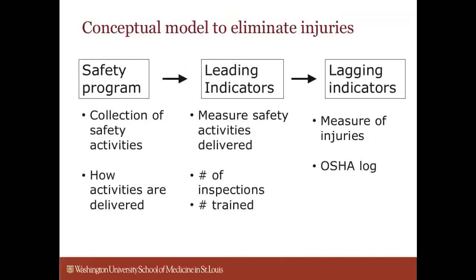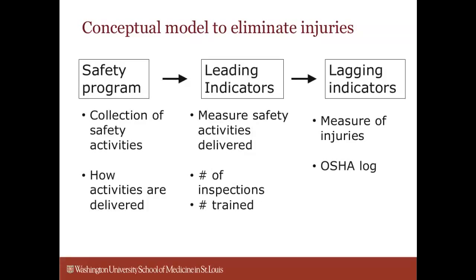So here I'm proposing a conceptual model, or just the way we think about how to reduce injuries. On the right side of your screen, we have lagging indicators, which are commonly described as just injuries. We all know that injuries are a problem on the work site, and it's our goal to reduce those injuries.